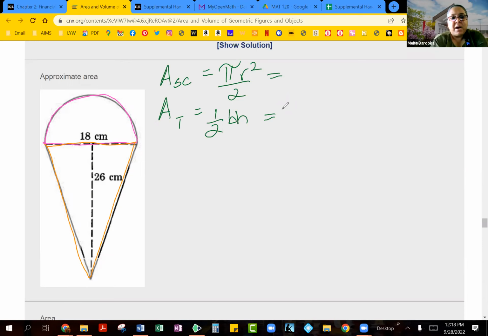So remember, you need your base and height for the triangle, and then you're going to need a radius, which they are not directly giving you, but you can figure out what your radius is going to be. So let's work on the semicircle example first. What's the radius for this semicircle over here?